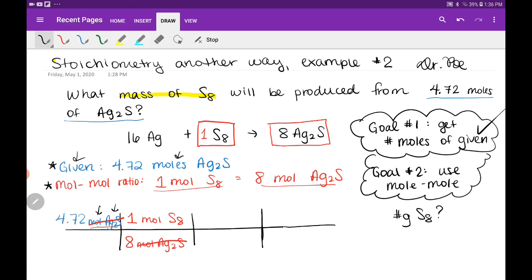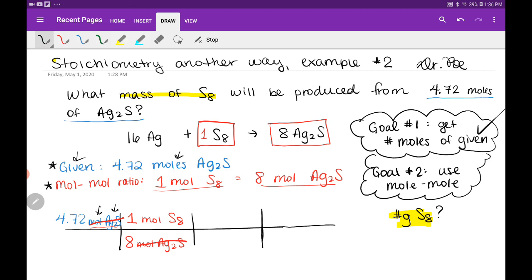Isn't that funny? Okay, so but what do we want? We want the number of grams of S8, and right now we have the number of moles of S8. So how do we get from moles to grams of the same compound? And the answer to that, my friends, is to use the molecular weight of S8.